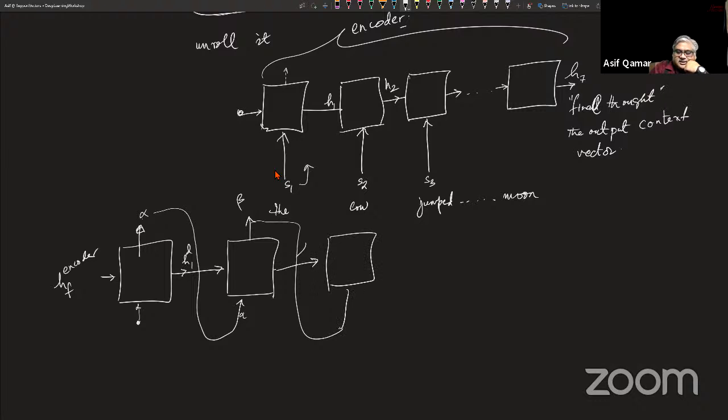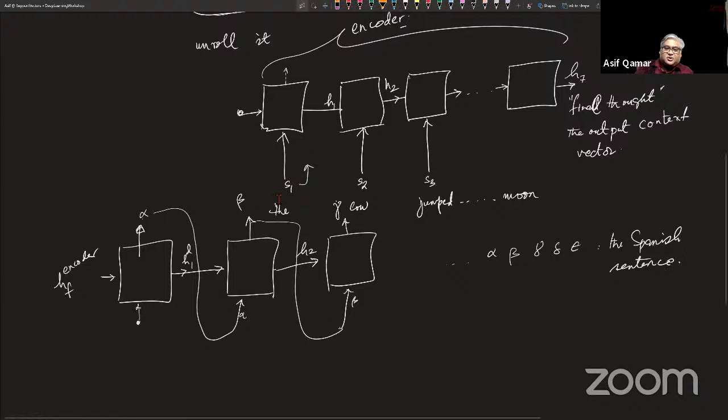This hidden state H2 will get fed in, along with beta, and then gamma will come out. The hope is that alpha, beta, gamma, delta, epsilon, let's say five words are enough in Spanish to represent it, so the Spanish sentence comes out. Obviously this is the unrolled version.